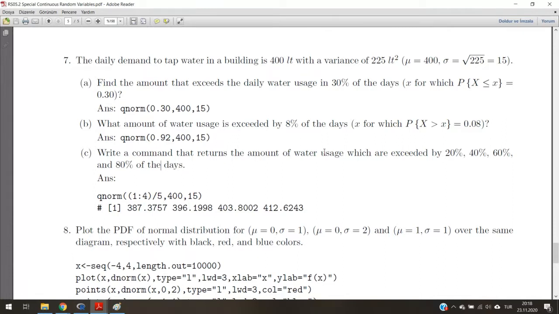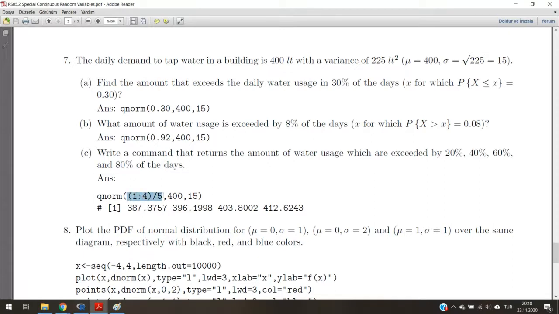Now, it says in the last part, we need to write a command which returns the amount of water usage which are exceeded by 20%, 40%, 60%, and 80% of the days. So again, we are looking for the x values for which the cumulative probabilities are respectively equal to 0.20, 0.40, 0.60, and 0.80.